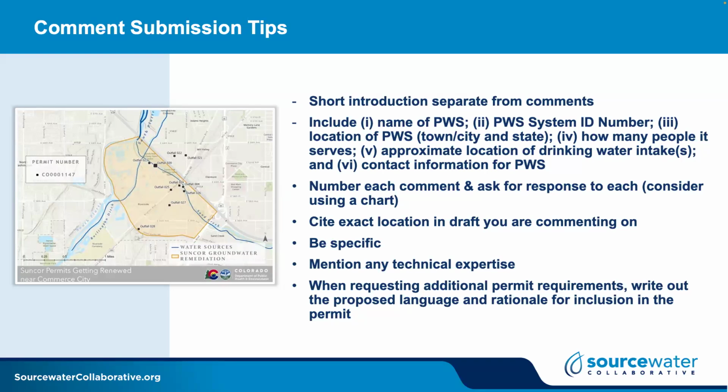And you can consider using a chart to make it easier for them to track. It's important to cite where in the draft permit you're commenting. You also want to be specific. Don't just say, I want stronger PFAS limits. Say, the effluent limit for PFOA should be 4 parts per trillion, for instance. Next slide, please.